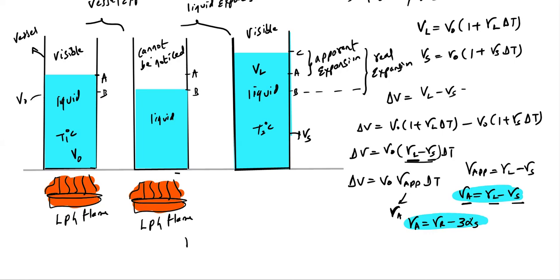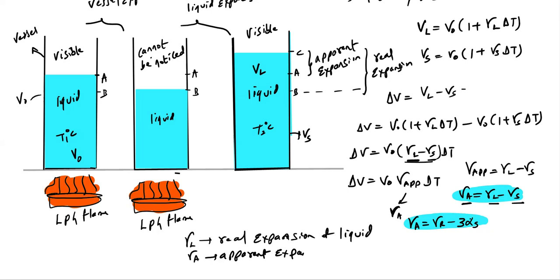So what is gamma L? Real expansion of liquid. Next, gamma A, apparent expansion of liquid.